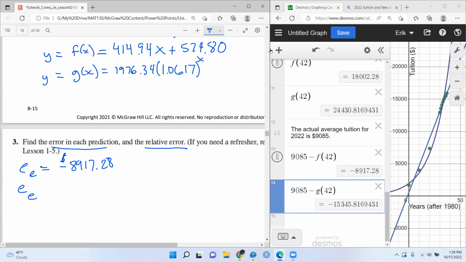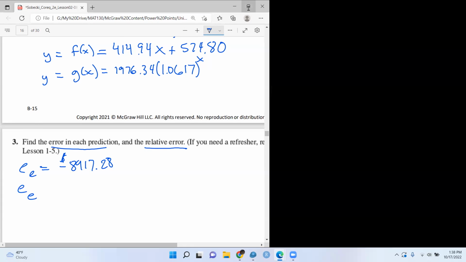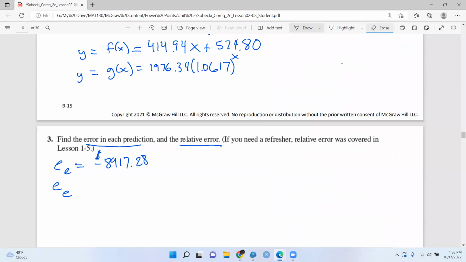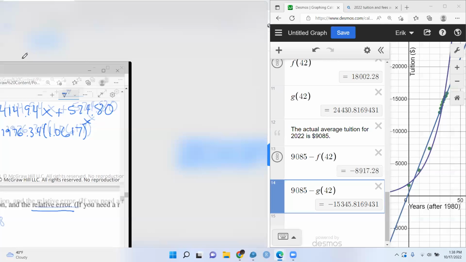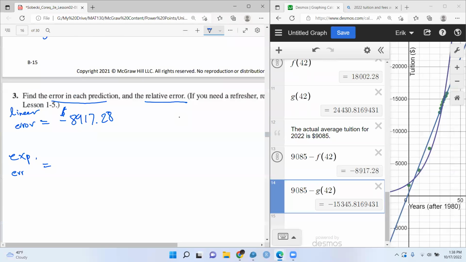Okay, this is getting way too confusing, my notation here. I'm just going to write out the words. Linear error is that. Exponential error is this, and it is, ooh, way off, $15,345.82.